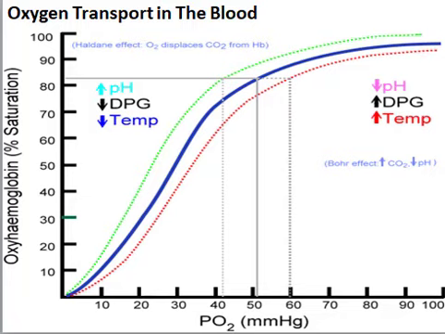Start with oxygen, then carbon dioxide. Oxygen transport in the blood is very important to discuss point by point to understand many important concepts.